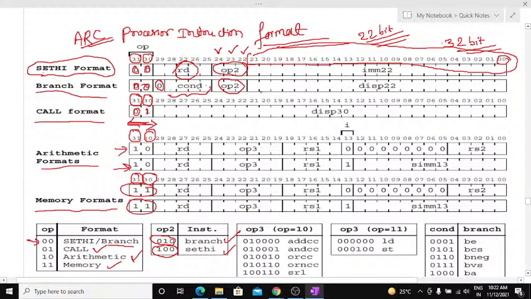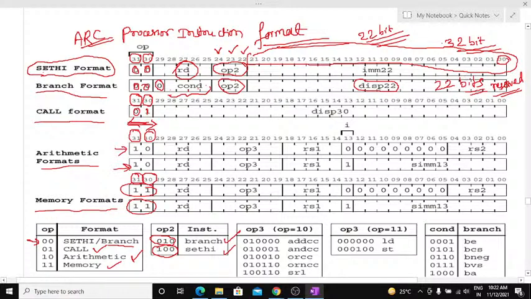Then branch means it is an address: once the condition is true, it will jump to the particular address. To calculate that address, 22 bits are reserved.